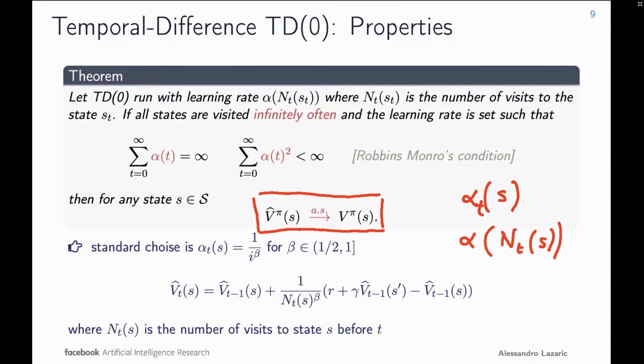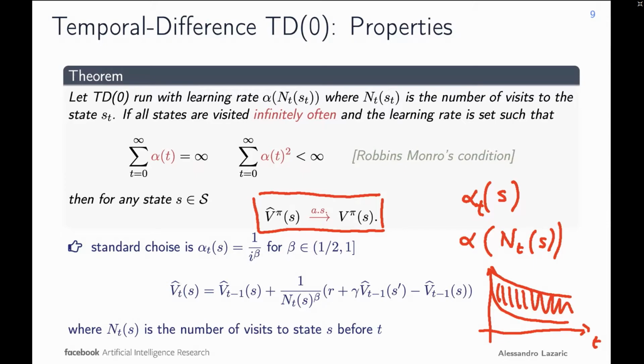If I think about it, all we're saying is that with time, or with number of visits, the learning rate should not converge too fast to 0, and it should not converge too slowly to 0, and pretty much anything in terms of schedule that I put in between will still guarantee the convergence. So this is a very strong result. It's very nice.